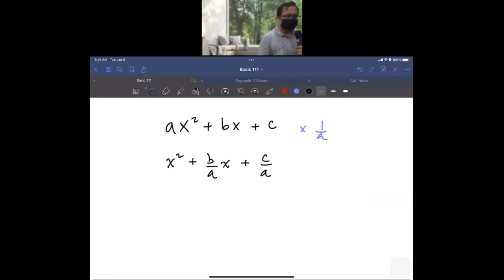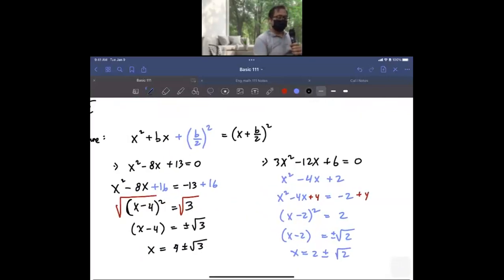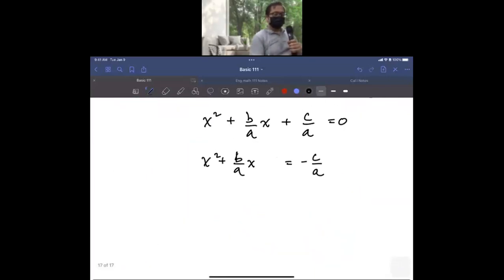And then, I forgot, equals 0. And then let me move the c over a to the right side. And then like we did before, we are going to make the complete square of b over a.